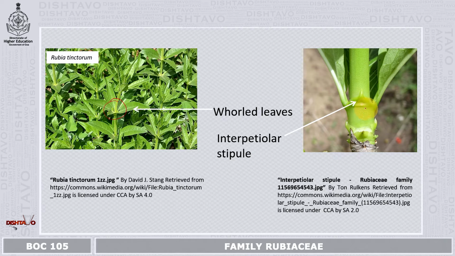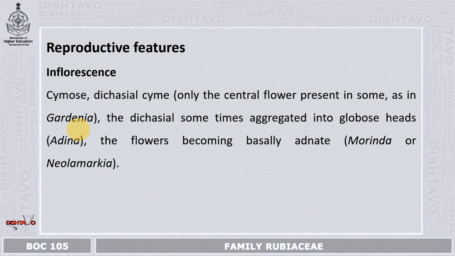Here, the stipule is present between two petioles of the leaf, and this is a distinguishing vegetative characteristic feature of this family Rubiaceae.